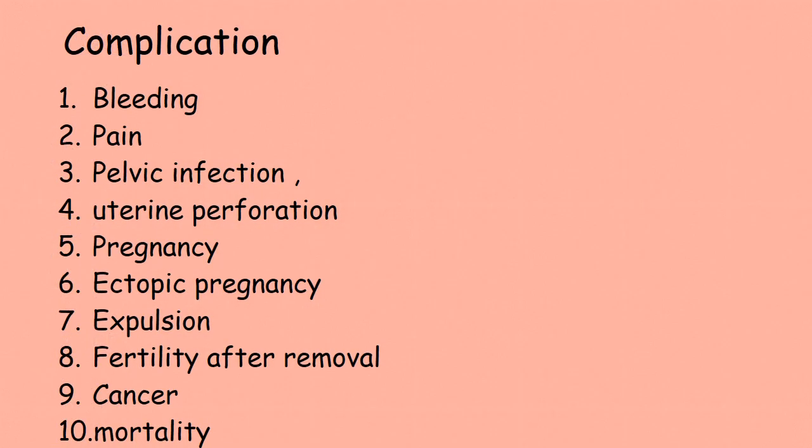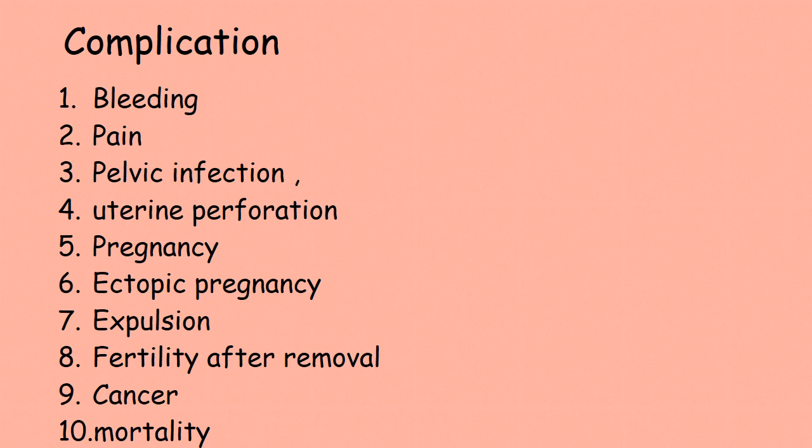Then complications are very common due to intrauterine device insertion. We will see them one by one: bleeding, pain, pelvic infection, uterine perforation. Perforation is when, due to insertion of the device, there is a hole or tear inside the uterus.